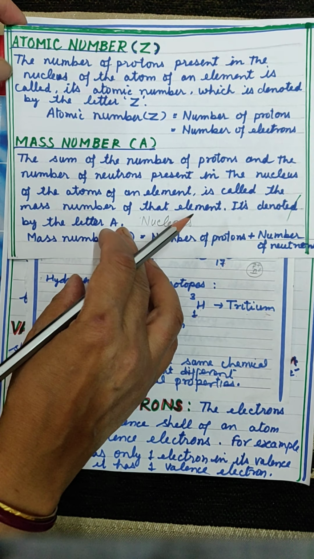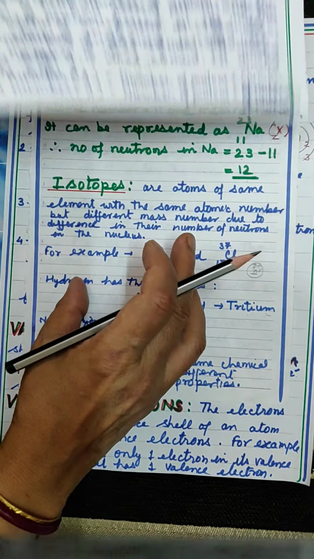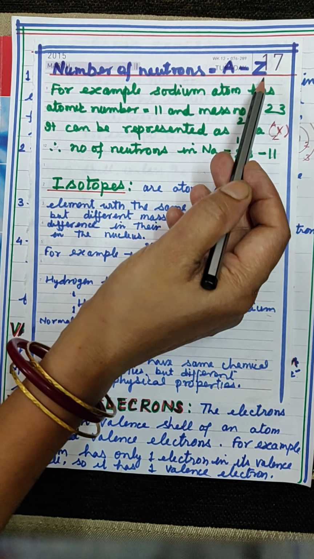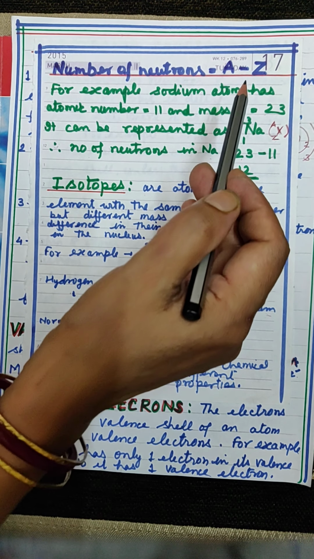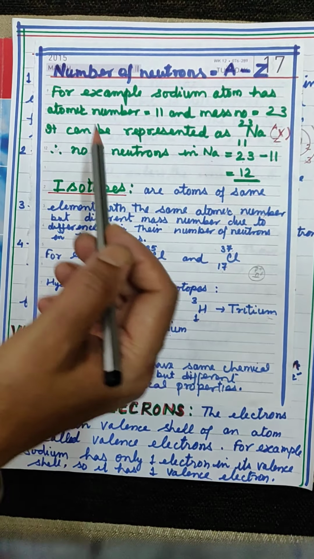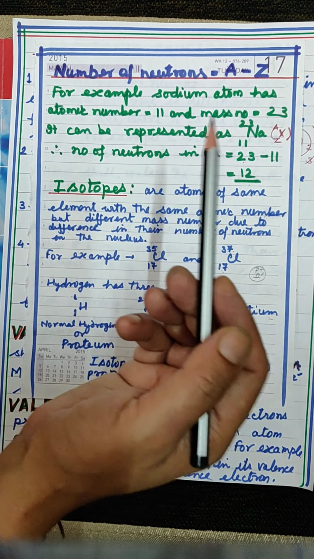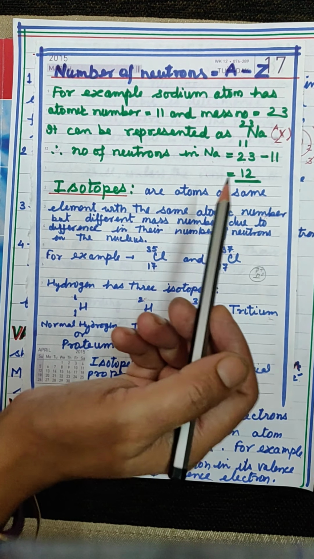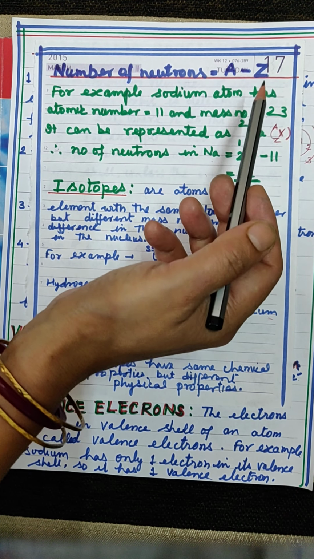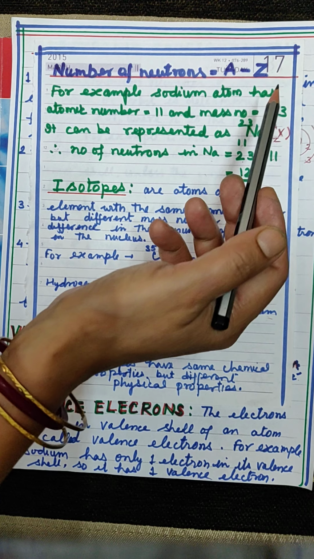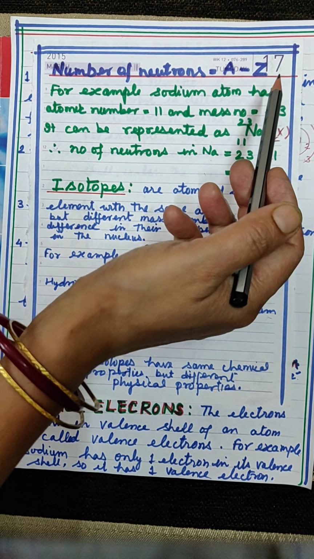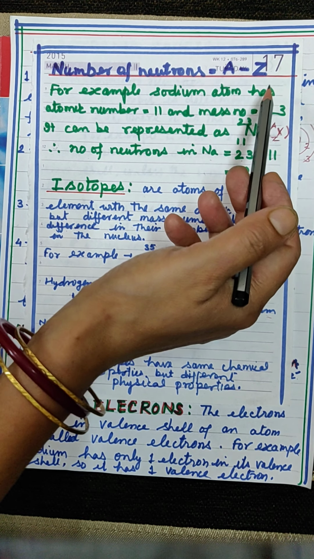So let's come to one more fact: if we know the atomic number Z and the mass number A, then we can find the number of protons, neutrons and electrons in the atom of an element. How? The number of protons is equal to Z, the number of electrons is equal to Z, and the number of neutrons is equal to A minus Z, that is mass number minus atomic number.